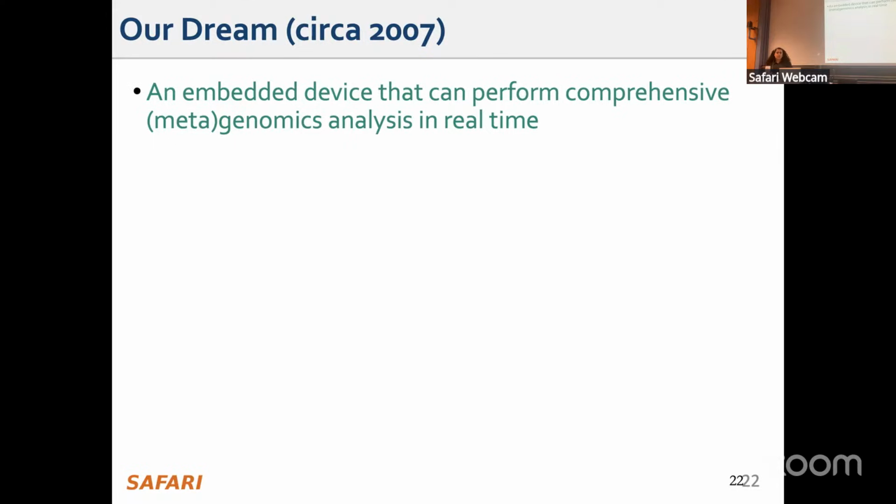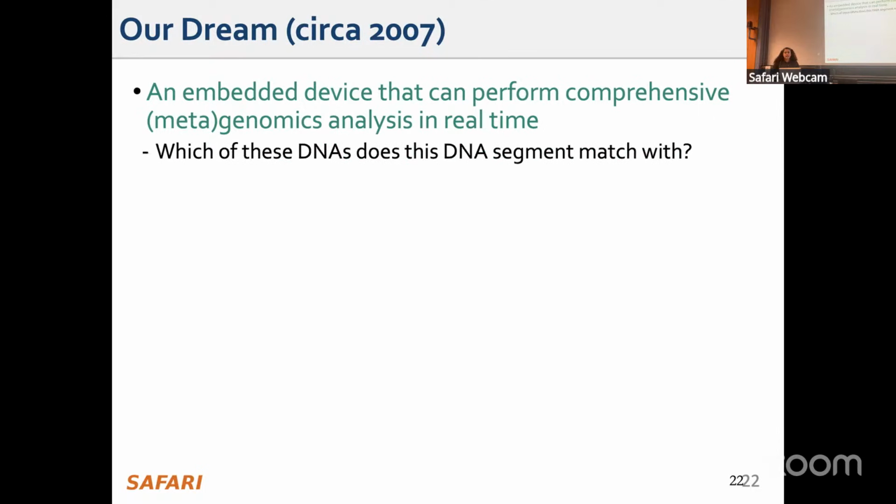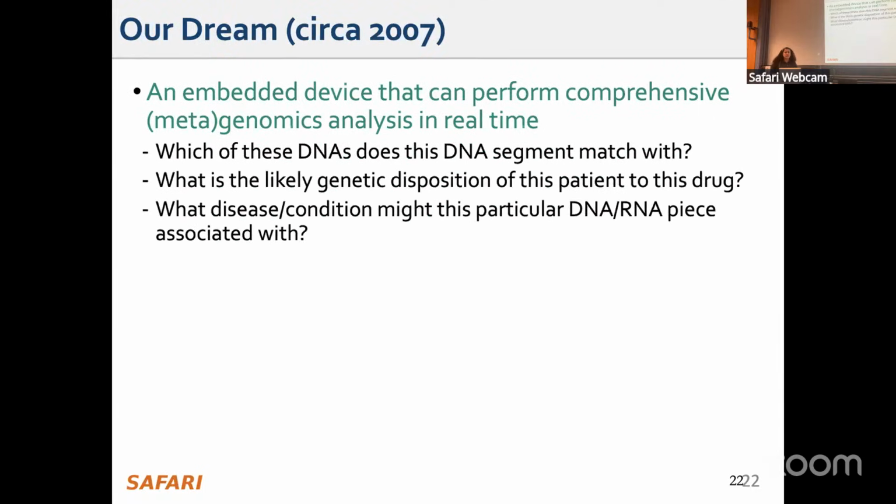So there have been huge efforts to enable sequencing in a very lightweight manner. Our goal and dream has been to also enable lightweight computation, so that we can answer many types of questions in real time.